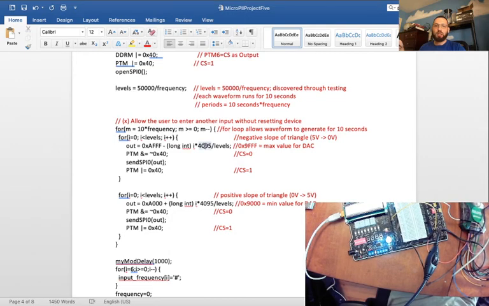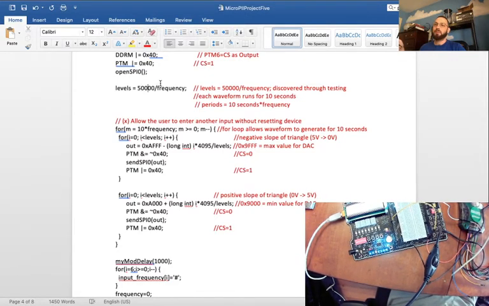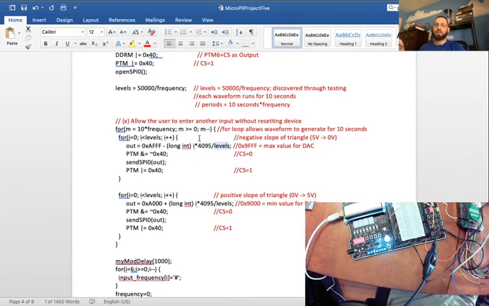I've also changed how these numbers work. So instead of dividing by 50,000, we divide by levels, which is scaled by the user input's frequency, which is interesting. So 50,000 gives us 10 hertz. Yeah, I believe it was 5,000 here, and that was for 10 hertz.